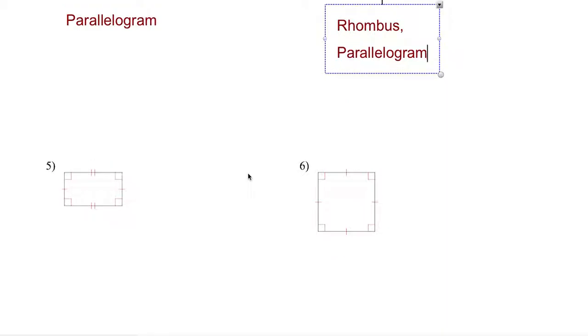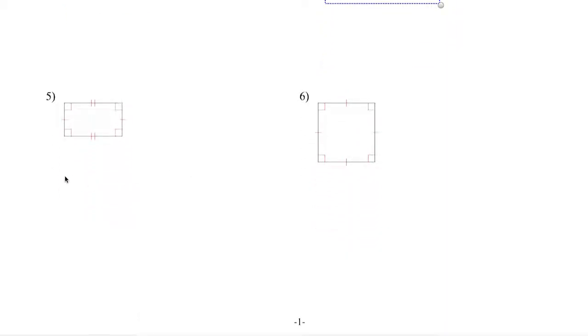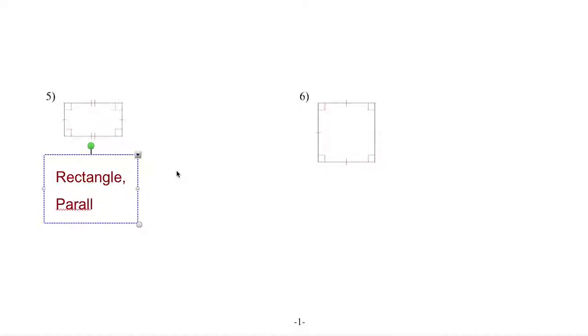Right. Number 5, we can see that it looks like a rectangle. Opposite sides are congruent, and the corners are 90 degrees. So this is, in fact, a rectangle, which also makes it a parallelogram, because rectangles must have opposite sides being parallel.